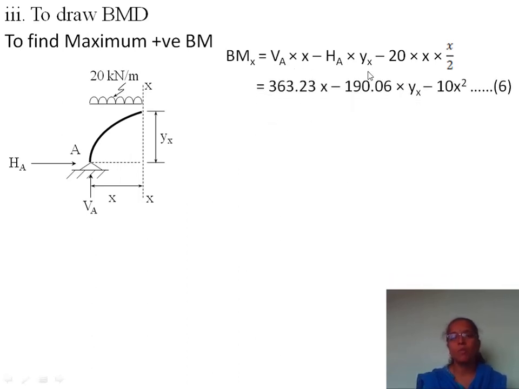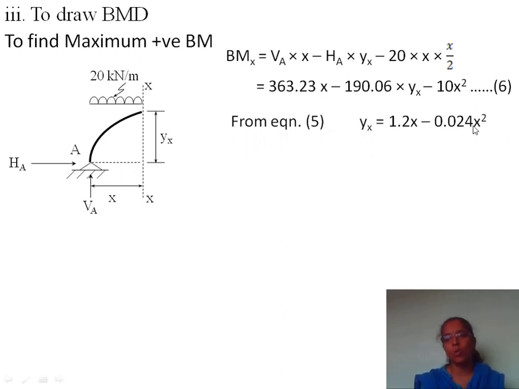So substitute and simplify. If you substitute the values of VA and simplify, it will be 263.23x minus 190.06 yx minus 10x square. We can take it as equation 6. In the previous calculations, from equation 5 we have obtained yx as 1.2x minus 0.024 x square.